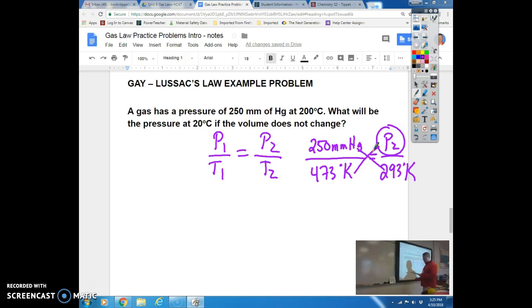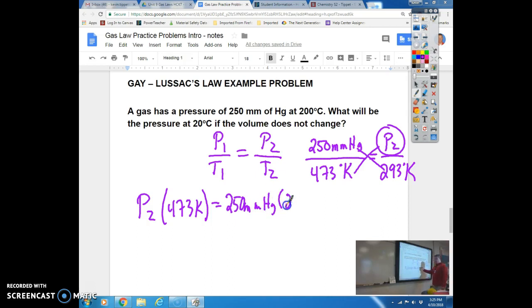So if I walk over here, I'm going to wind up with P2 times 473 Kelvin equals 250 millimeters of mercury times 293 degrees Kelvin. Got it all on the same level.